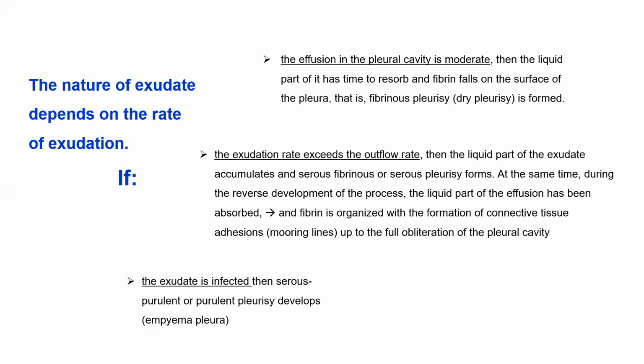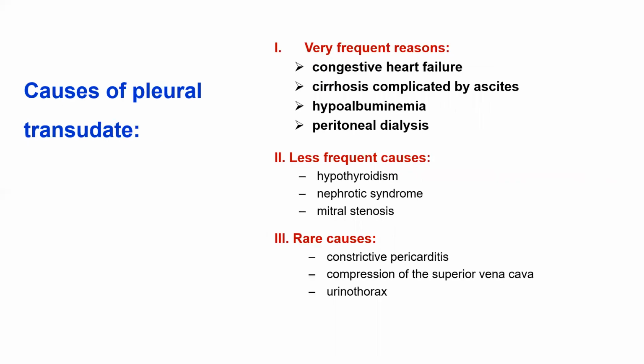We use the term mooring lines, up to the full obliteration of the pleural cavity. And in another case, the exudate is infected. So in these patients, we suspect onset of purulent pleuritis or pleural empyema.